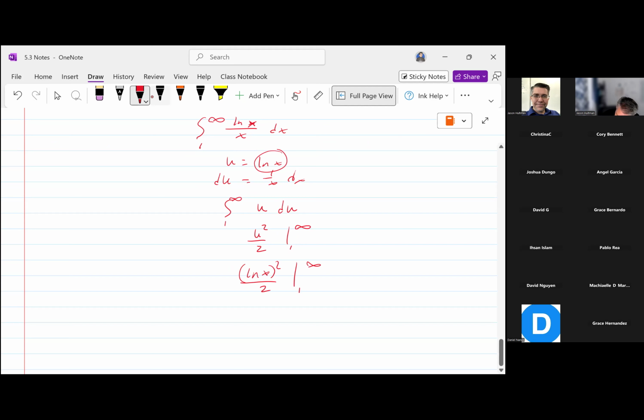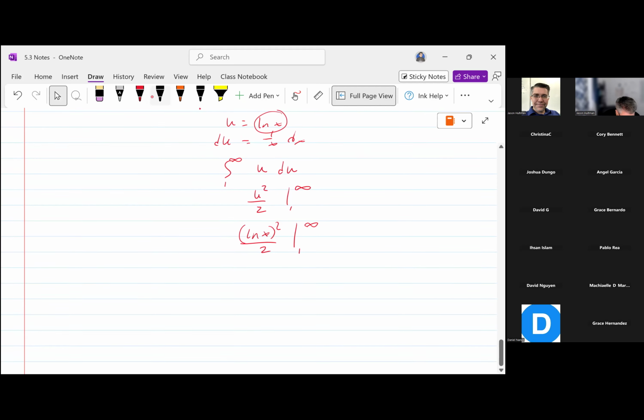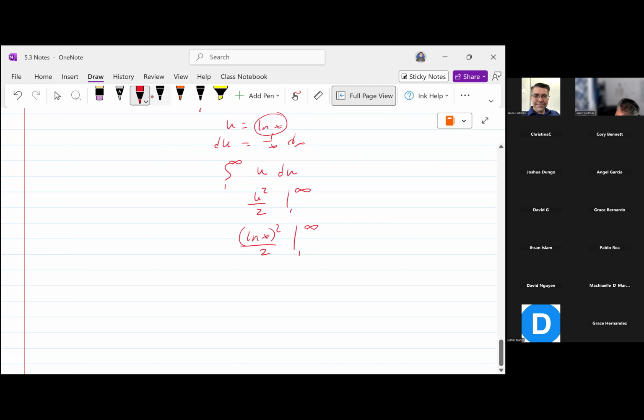So this is from 1 to infinity, but you really can't have an infinite limit. So let's plug in a dummy variable, t. So natural log of x squared over 2 from 1 to t.